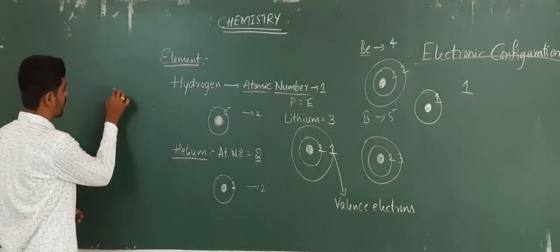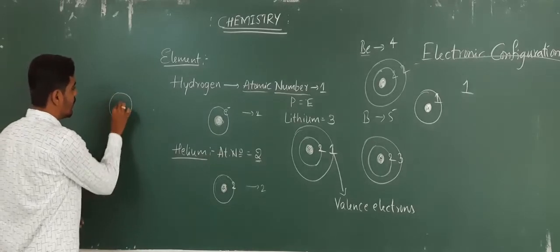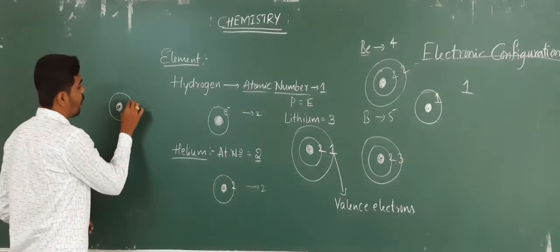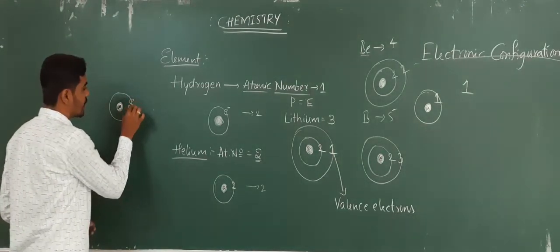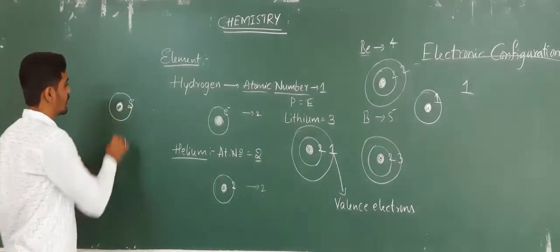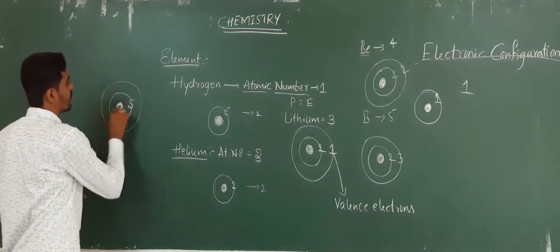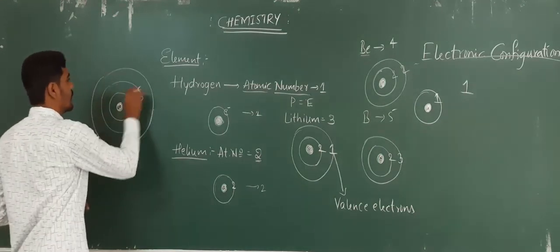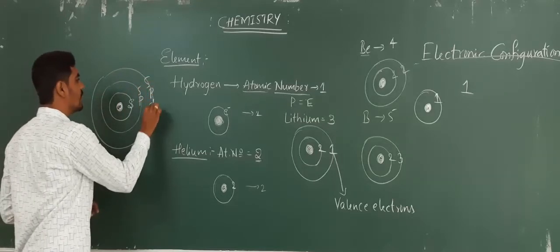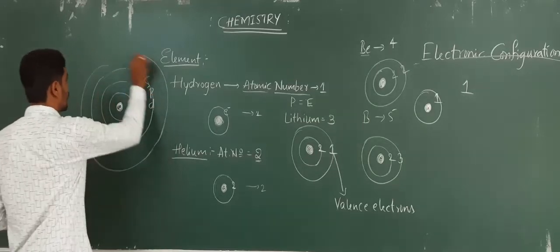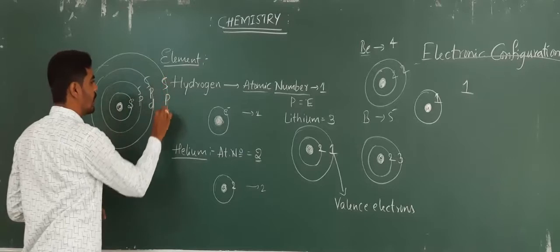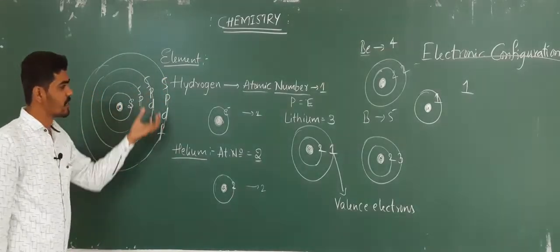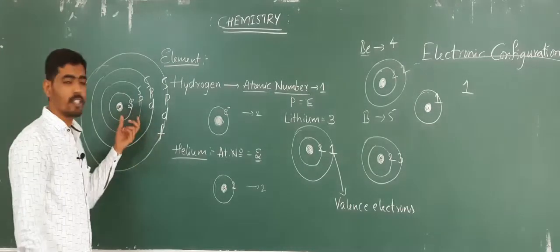If you get confused, this is the nucleus, and in first shell how many subshells are there? Only one, that is S. And in second, S, P. Third shell, S, P, D. And fourth shell, S, P, D, F. So these are the subshells which are present in each shell.